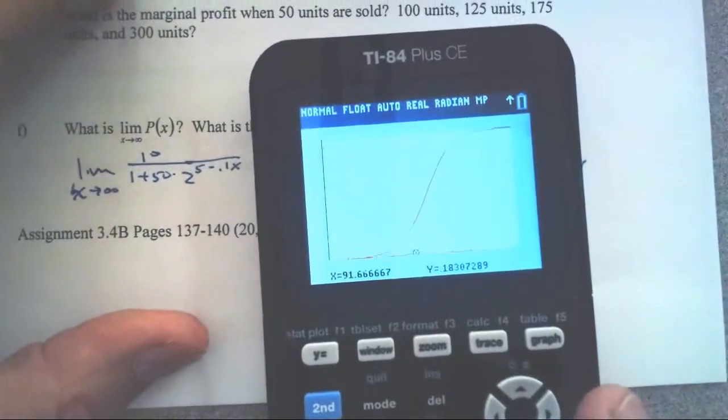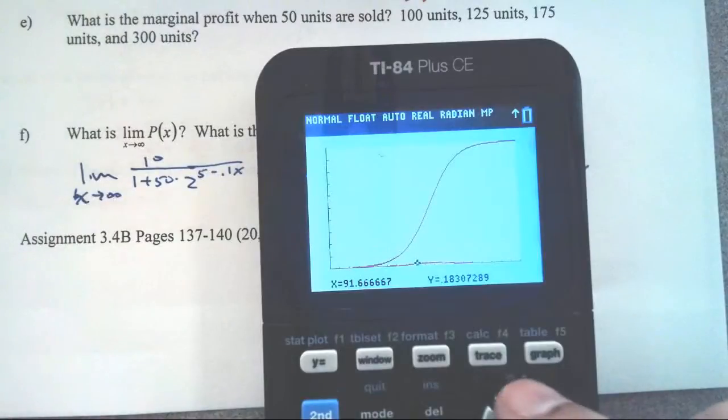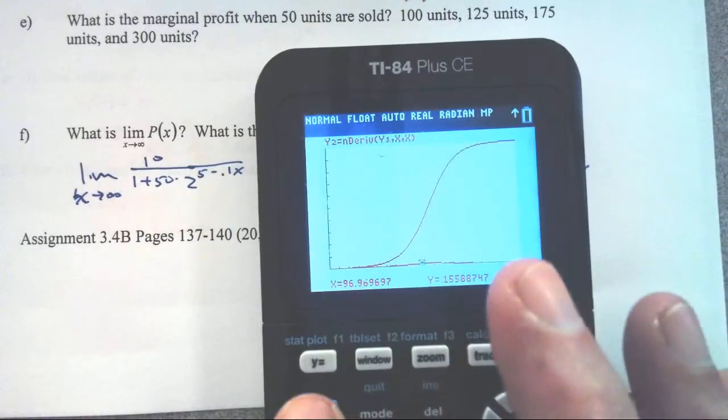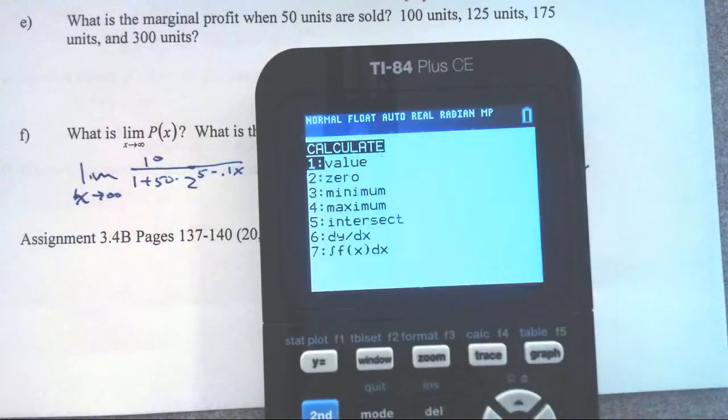I'm going to be just looking for some values here. Second calc, try that again, second calc, I don't know why I'm not getting to value here. Second calc, there we go, value.